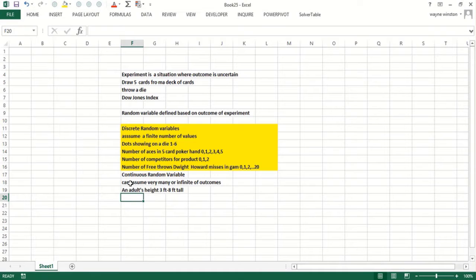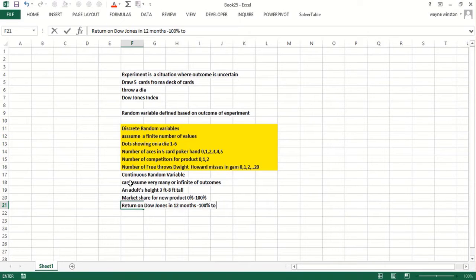Okay. The market share for a new product. That can be anywhere from 0% to 100%. Any number on that spectrum is possible. The value of the Dow Jones index in a year. The return on the Dow Jones in the next year. Okay, the worst it can go is minus 100%, it goes to 0, let's hope not.